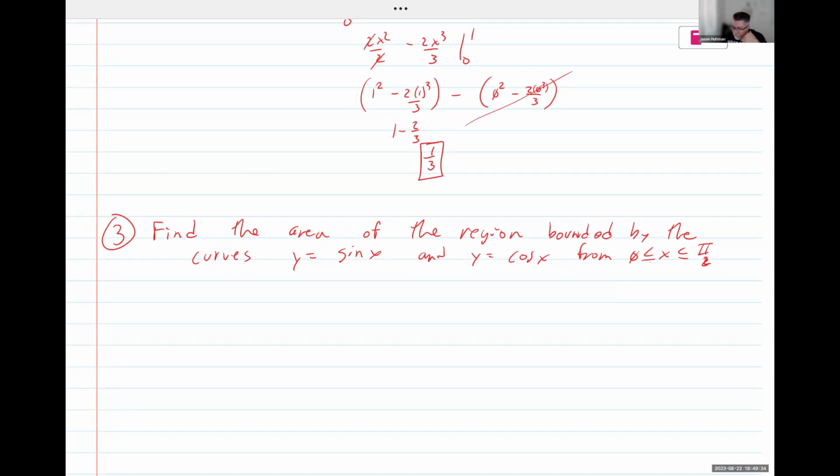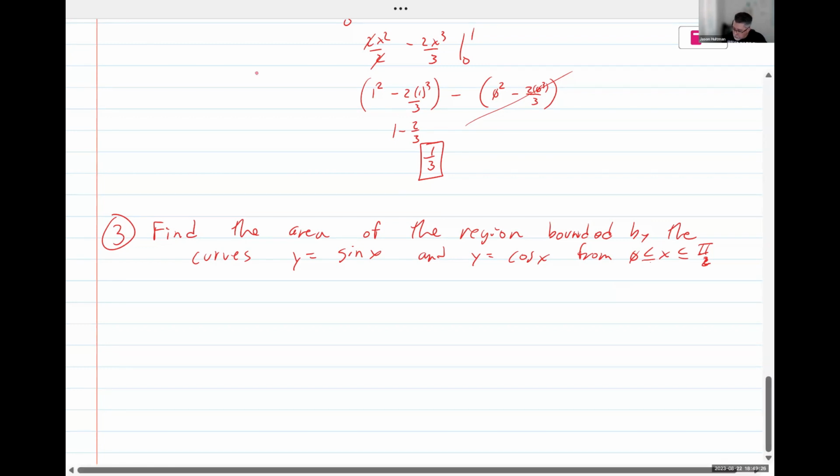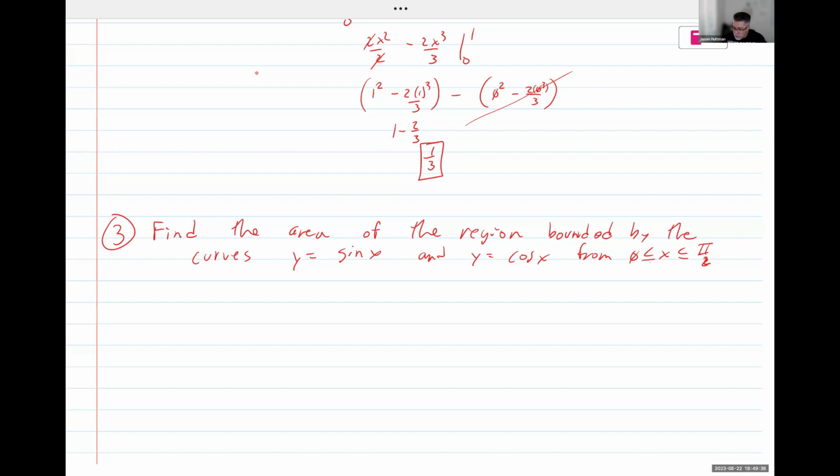If I were to test a value between 0 and pi over 2, let's say pi over 4 or pi over 8 or anything like that, we would see that sometimes sine is bigger and sometimes cosine is bigger. It depends on where I'm at. So that's kind of weird, right?